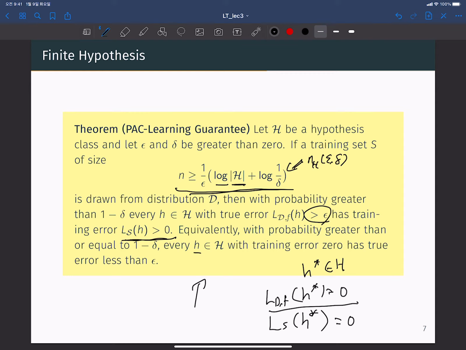So all the hypotheses having test error strictly bigger than epsilon have non-zero training error as well.